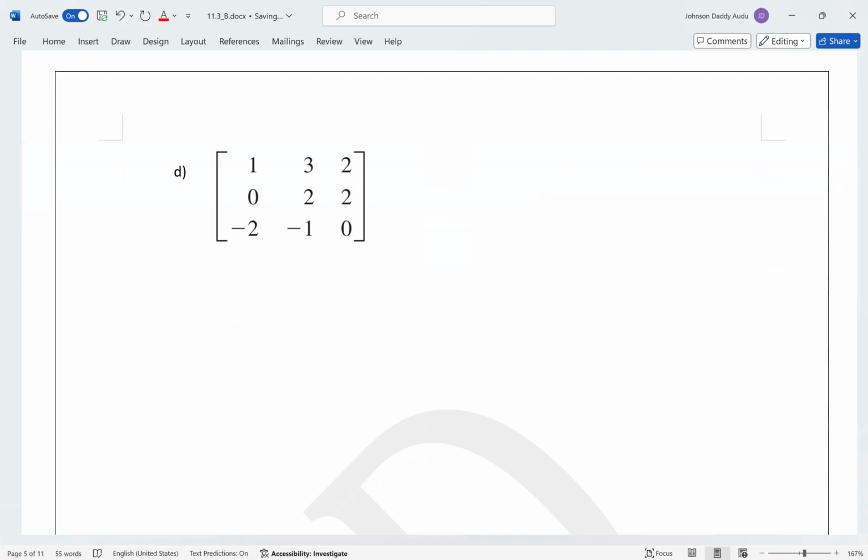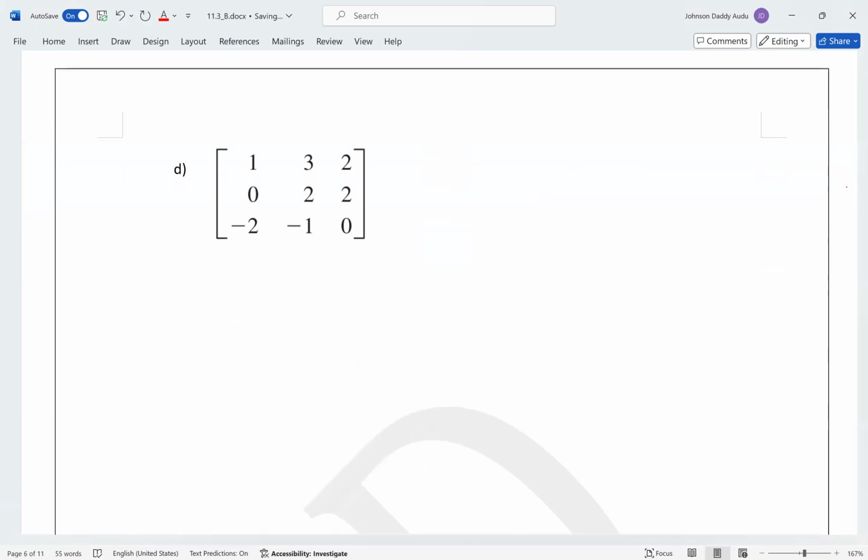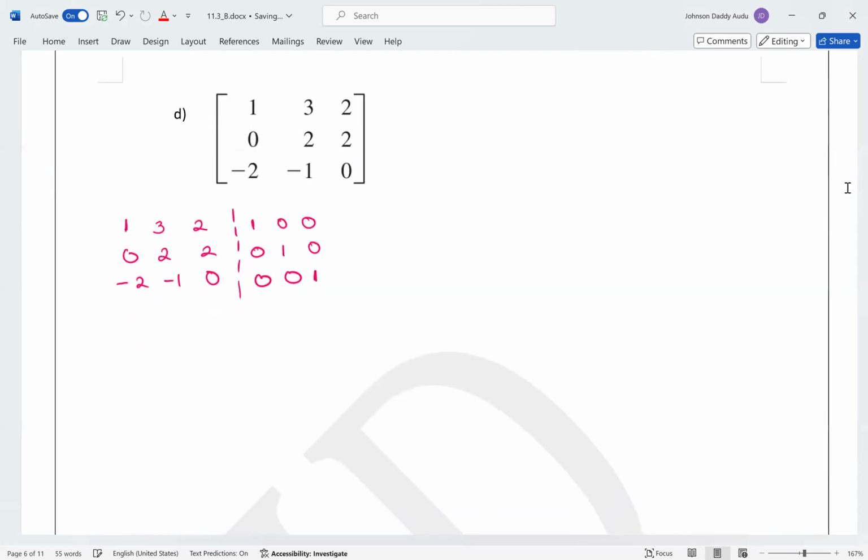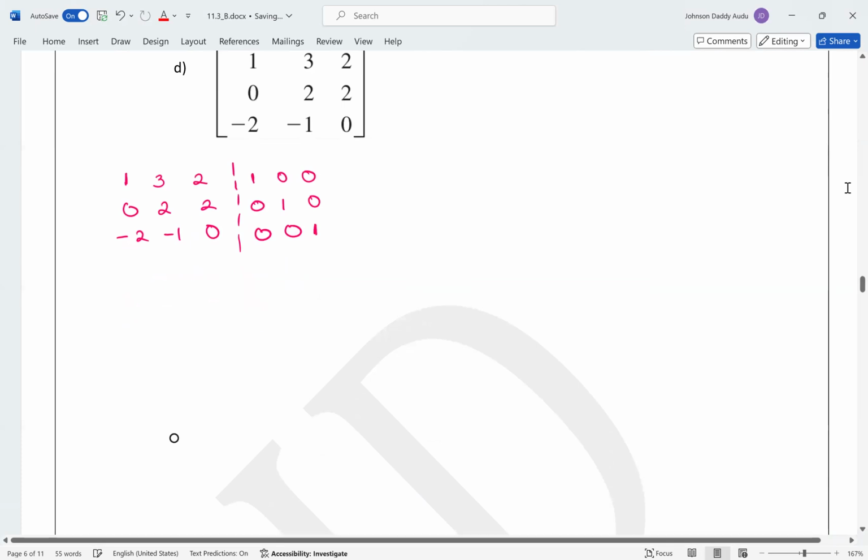So this is our A. We will just take this one, which is 1, 3, 2, 0, 2, 2, minus 2, minus 1, 0. We augment it with 1, 0, 0, 0, 1, 0, 0, 0, 1. So now we need to perform row operations.